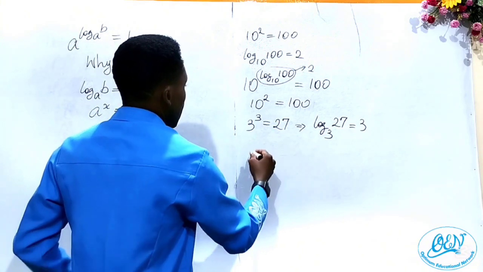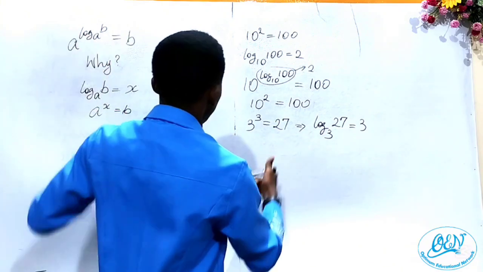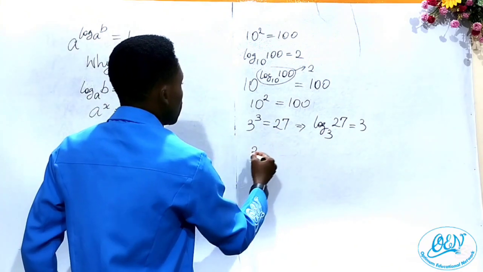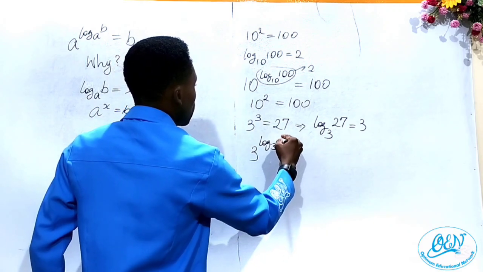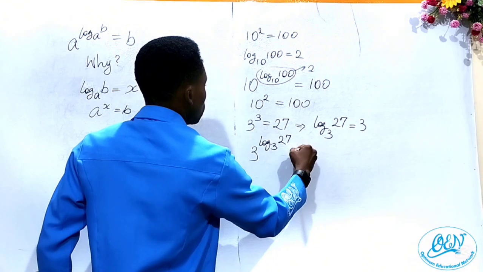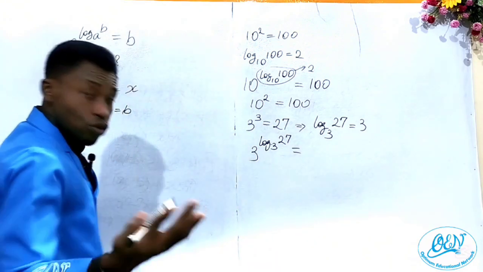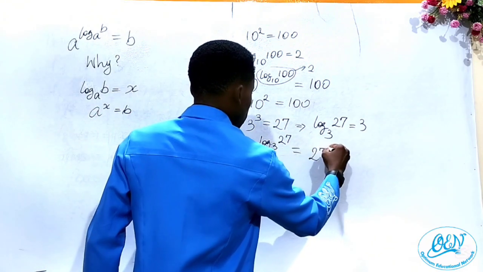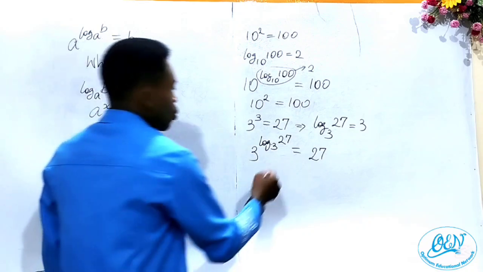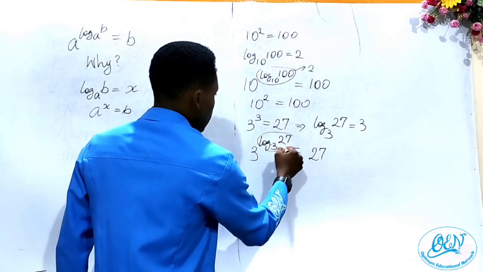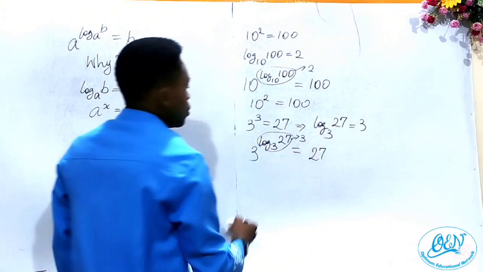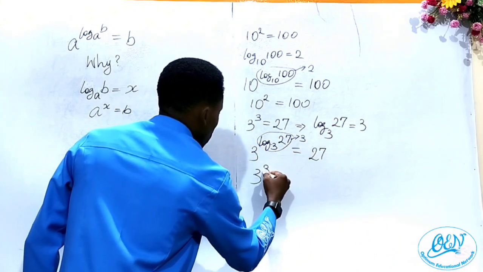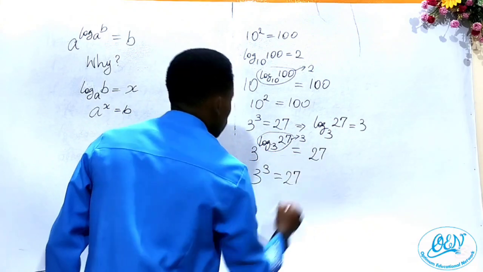So in this same fashion again, we have something like 3 raised to the power log 3 of 27. This will give us what? 27. Because from here we already know that this is equal to 3. So this gives us 3 raised to the power 3, which is equal to 27.